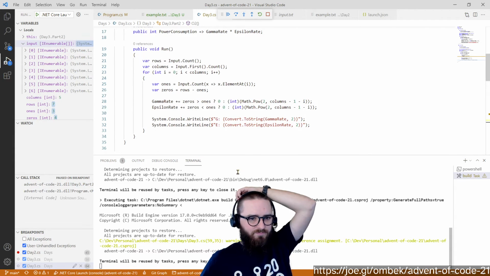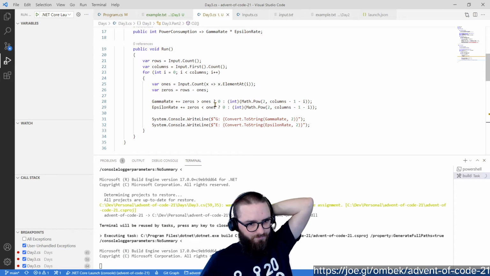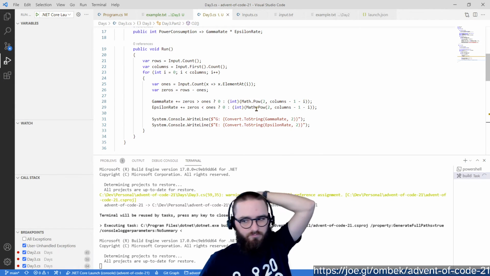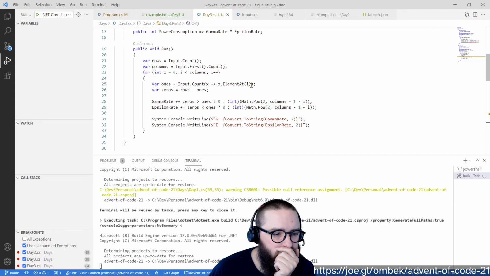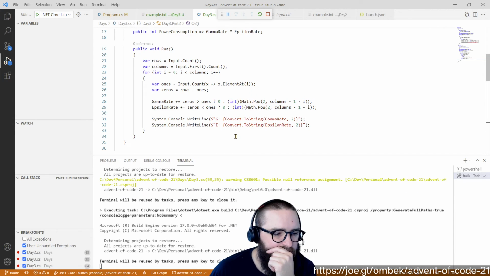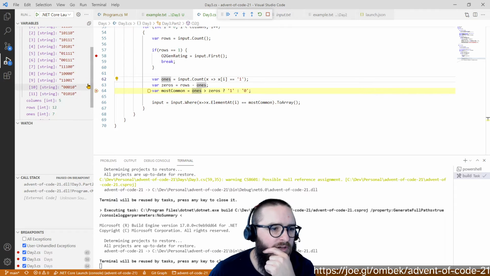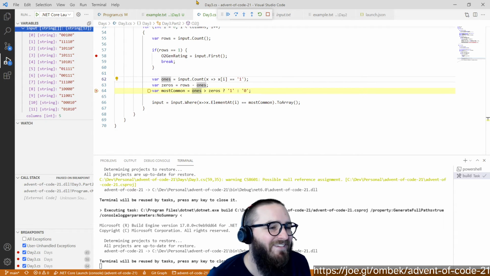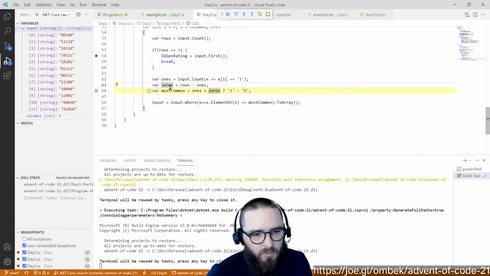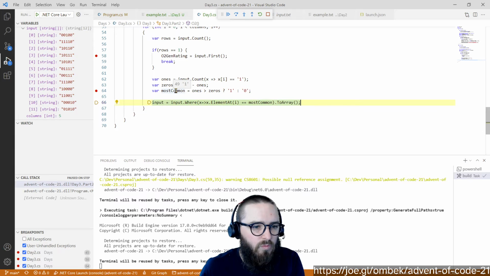Have I fixed everything? Let's find out. Number of ones is 7. So that means that we can probably look at this input. Oh, look at that. We can see what's going on. So we can look at the ones and the zeros. Most common answer is going to be 1. And then we're looking for all the input, reducing the inputs to only where we've got 1.